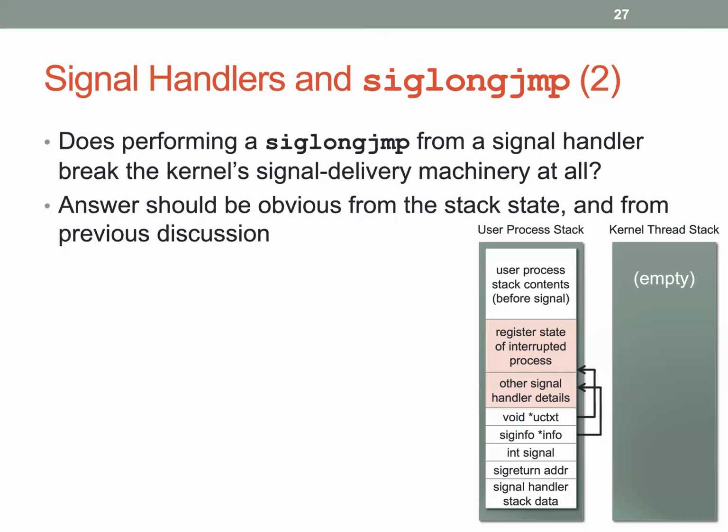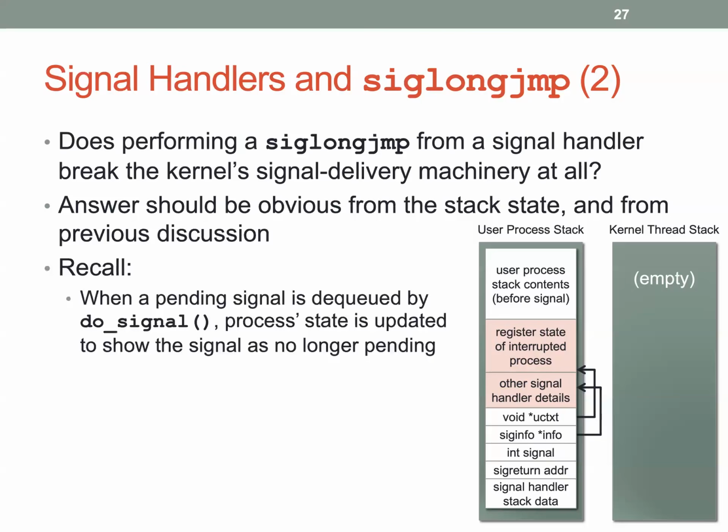So as I say on the slide, does performing a siglongjmp from a signal handler break the delivery mechanism? And you look at the stacks and hopefully you see that the answer is not at all. Siglongjmping out of a signal handler won't affect anything. The first thing is that do_signal always removes the pending state for a signal about to be delivered before it's delivered.